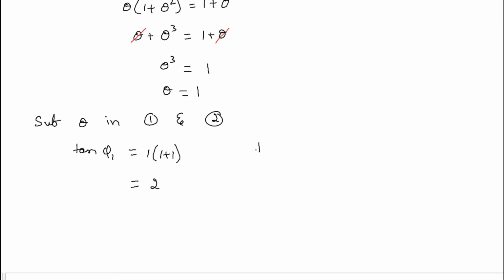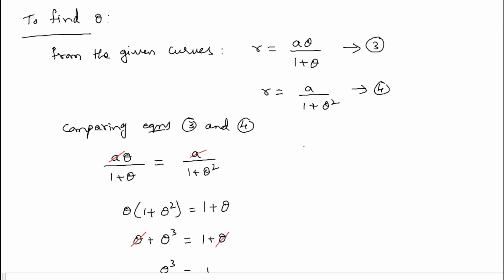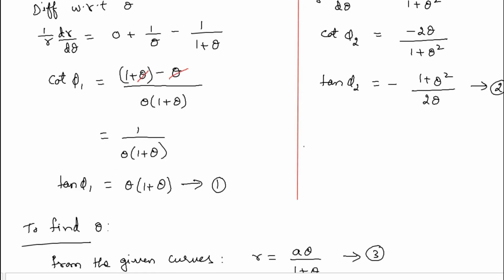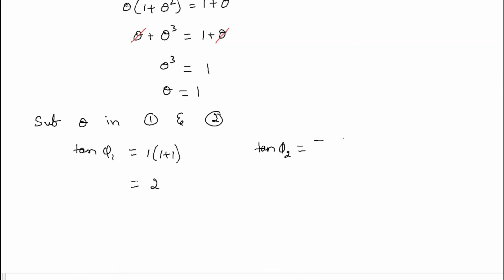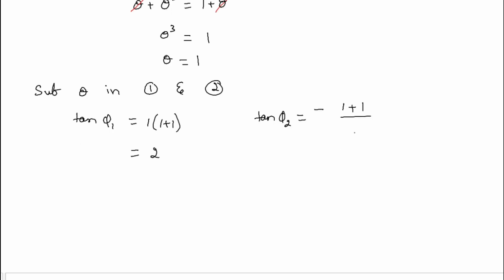Go for equation number 2, tan of φ2, which is minus (1+θ²)/(2θ). So minus of (1+1)/2, which is minus 2 divided by 2, minus 1. So we have got tan φ2 equal to minus 1.